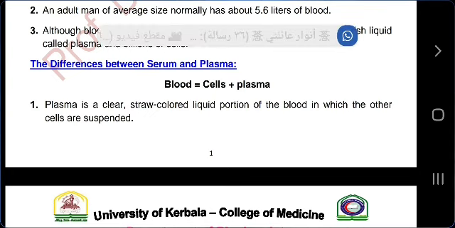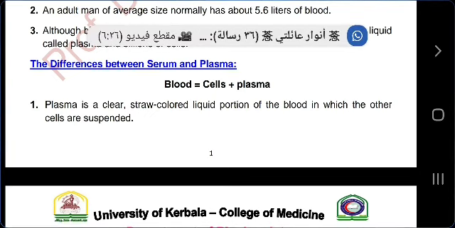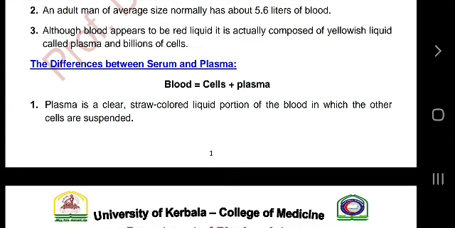Therefore, plasma is a clear colored liquid portion of the blood, أو yellowish liquid portion of the blood in which the other cells are suspended.